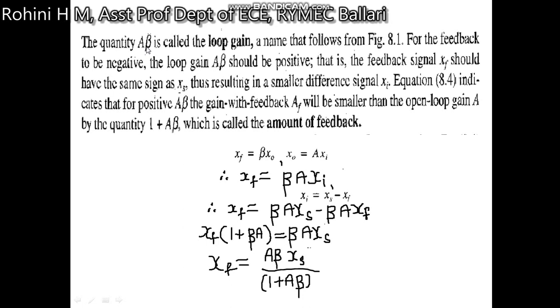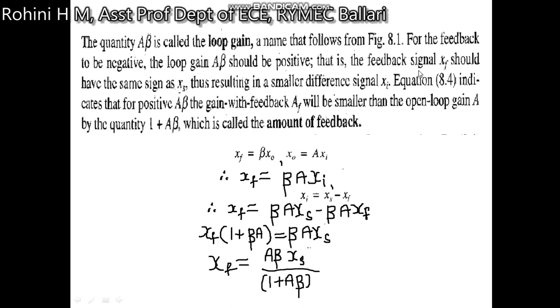The quantity A beta is called the loop gain, a name that follows from the figure. For the feedback to be negative, the loop gain A beta should be positive. So this A beta loop gain should always be positive.